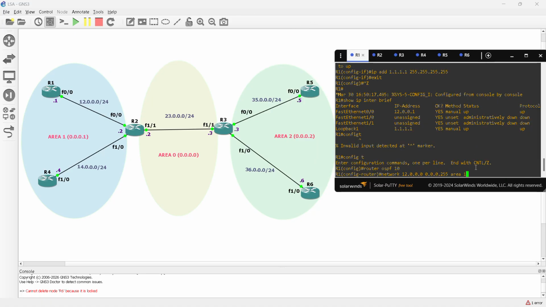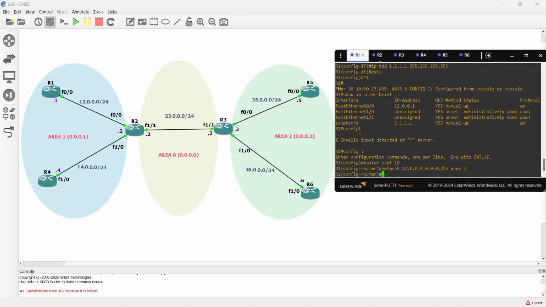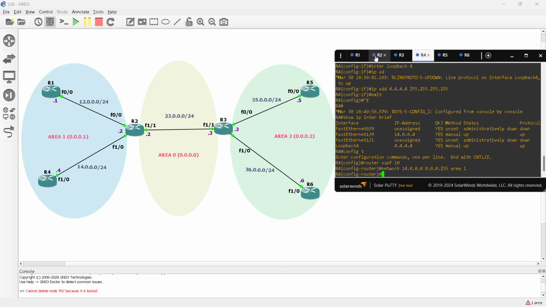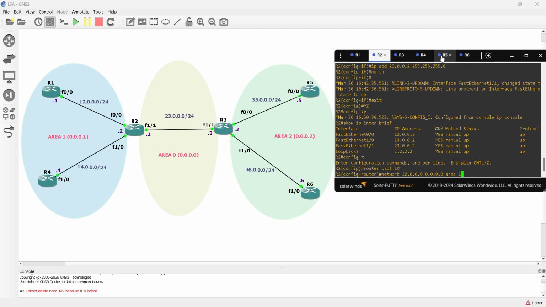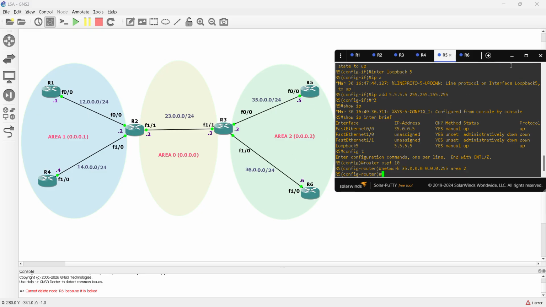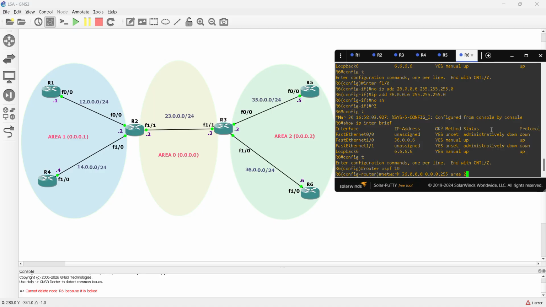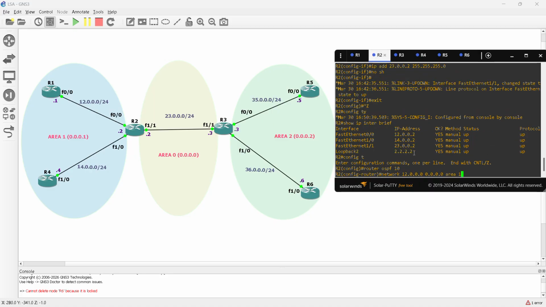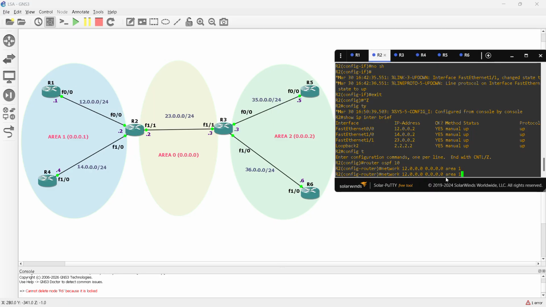Okay, so here for R1, for R4, area 1, for suppose R5, area 2, for R6, area 2, for R2, first is 12, area 1.